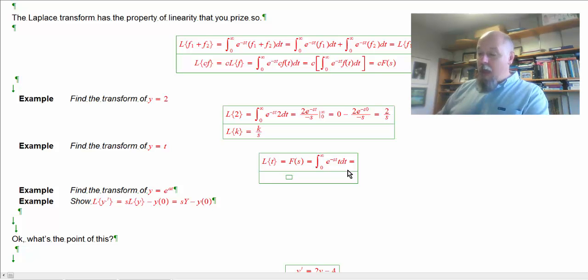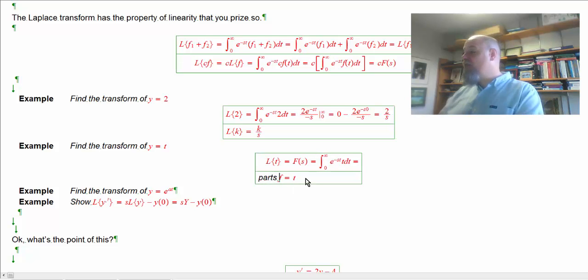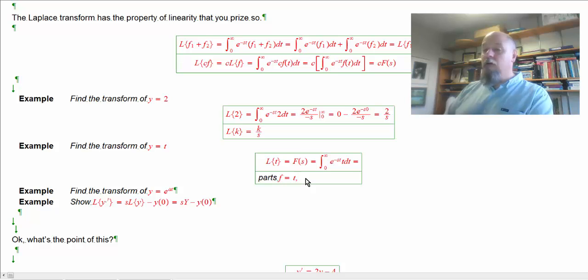I'm going to use f and g prime because that's what I'm comfortable with. So I would set f equal to t. That's the f from parts, not the f that I'm transforming up here, the f for the Laplace transform.